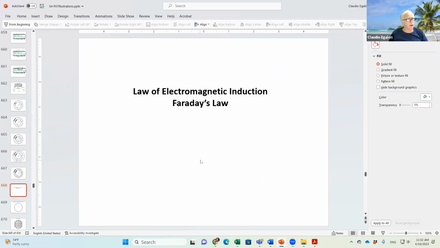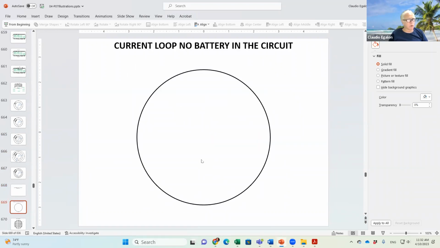Okay, that's toroid. And what we're going to cover now is the law of electromagnetic induction. Okay, very important. That's the basis of today's technological society. If it weren't for that, we wouldn't have electricity, okay? Because batteries alone are not enough to feed the whole country.